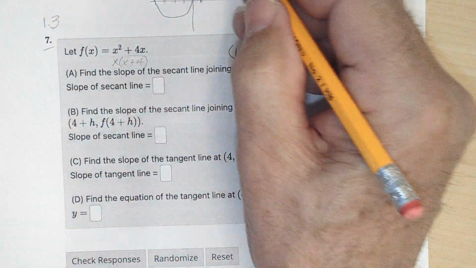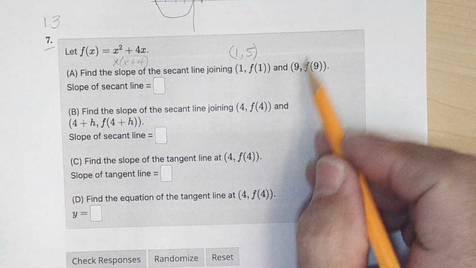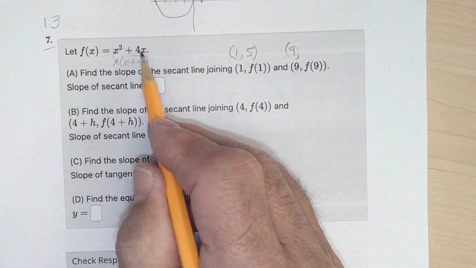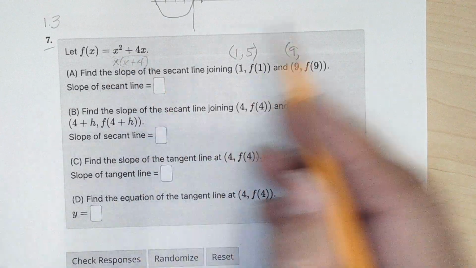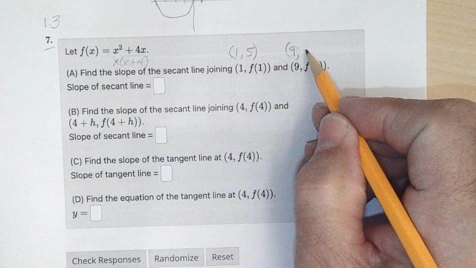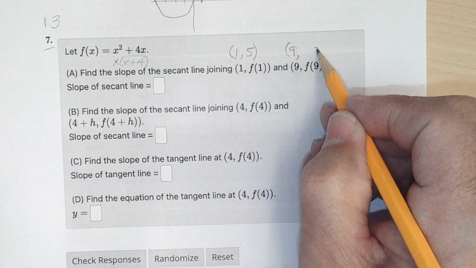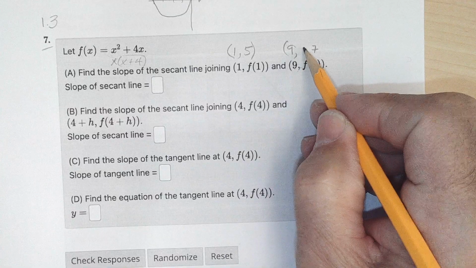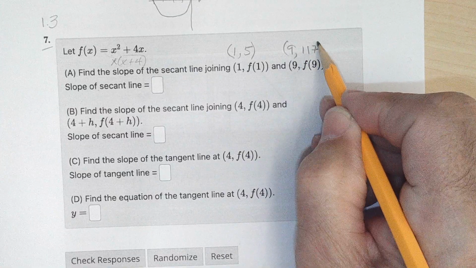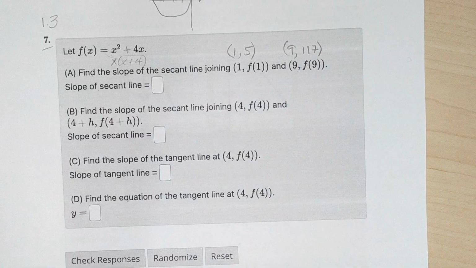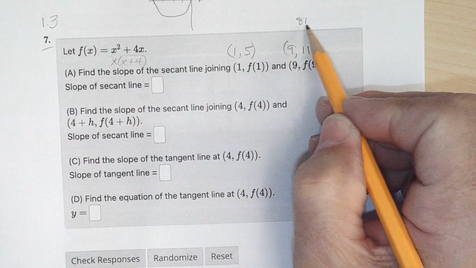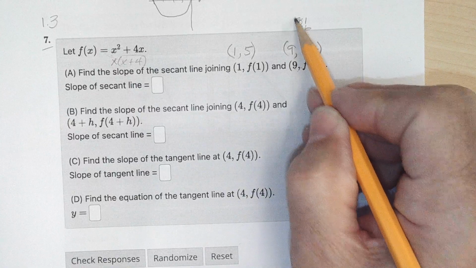And the coordinates for the point up there is 9, and 9 squared is 81, plus 36 is 117. Let's see, 81 plus 36, 117.